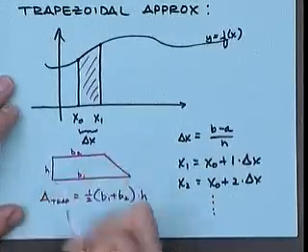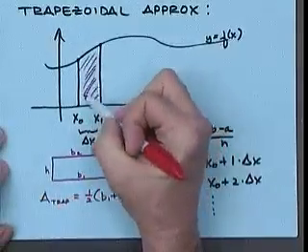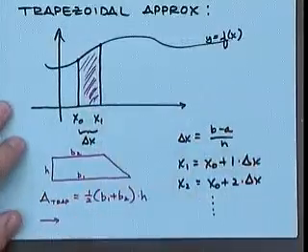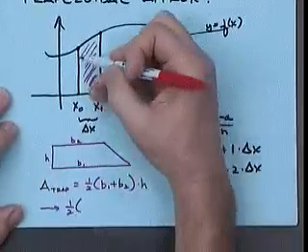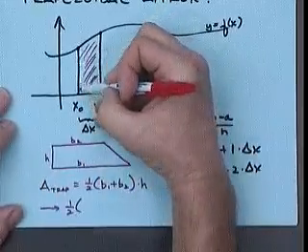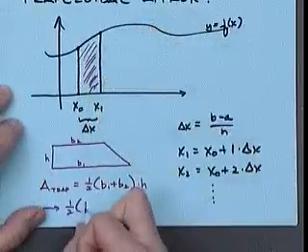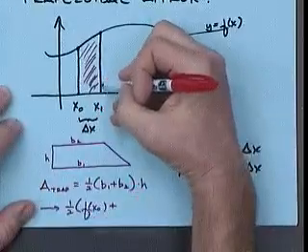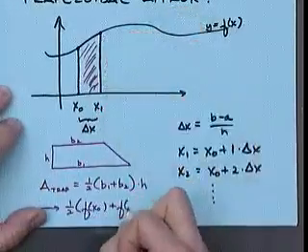So here's our height. Well, let's translate that to this shaded region up here. What would that look like? What's base 1? Well, here's base 1. How would you find that? Good. f of x 0. And here's base 2, f of x 1.